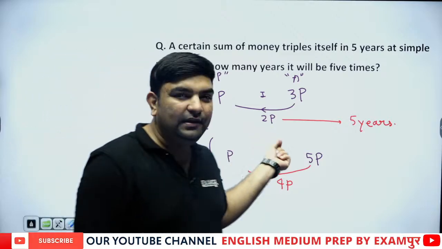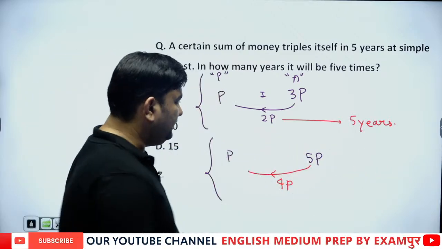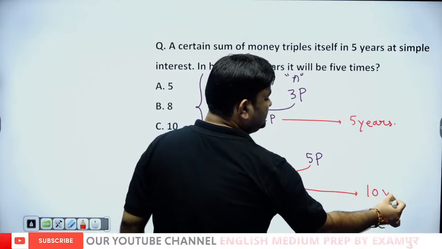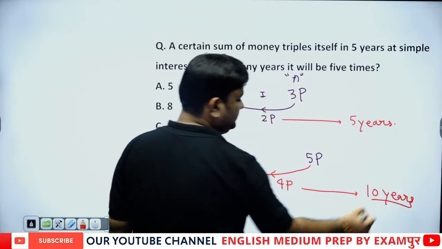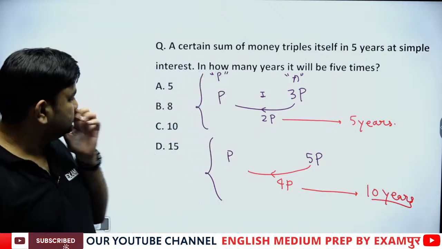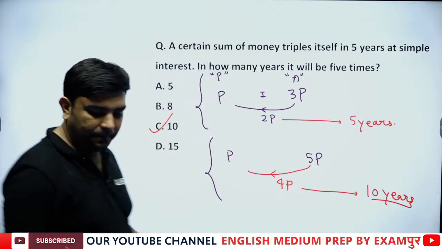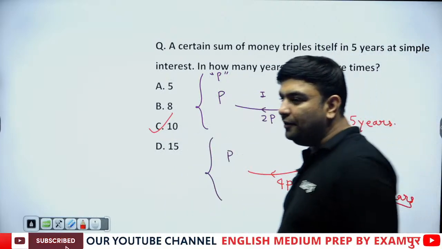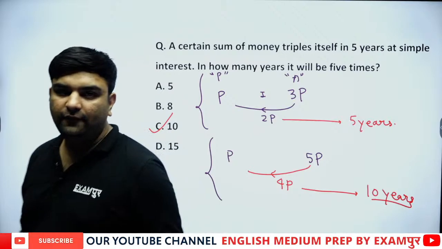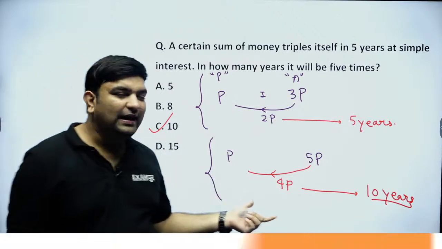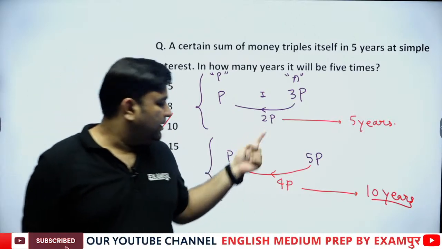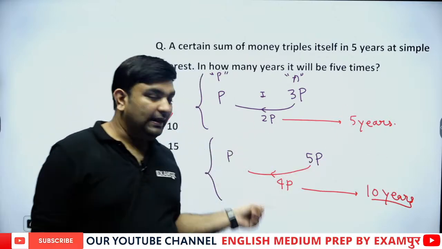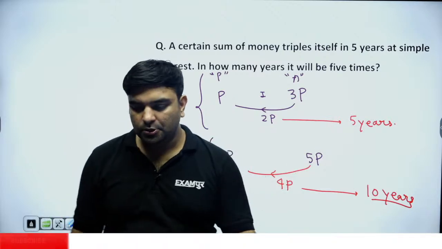So if you are getting 2P interest in 5 years, then you will get 4P interest in double, that is 10 years. Well done, Rimzim. As simple as this. Because interest is double, so time is also double.